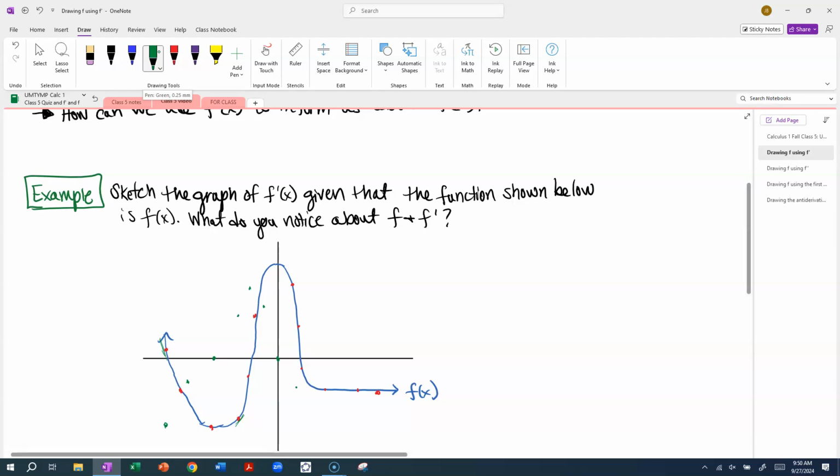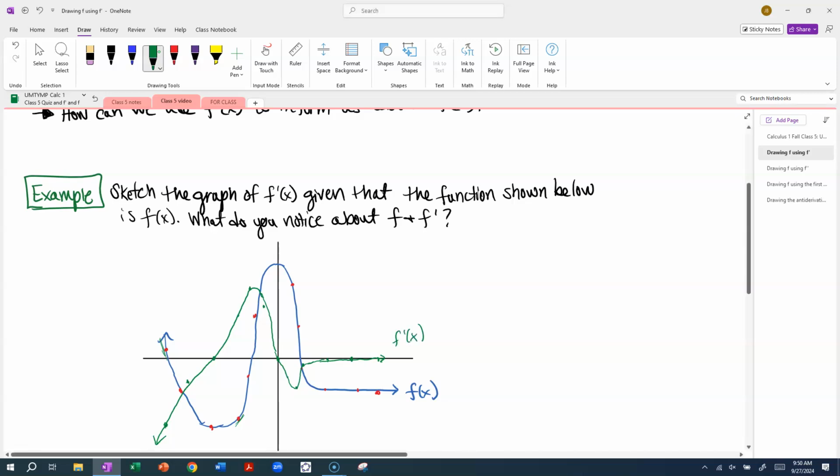I took some points that are really close together, so I'm going to do something like this. And then here it's pretty much 0. Okay, so my derivative graph would look something roughly like this. And again, I don't have a vertical scale here, so I could be off a little bit. So this graph that I drew in green would be the derivative.